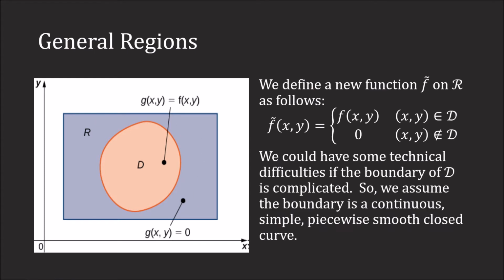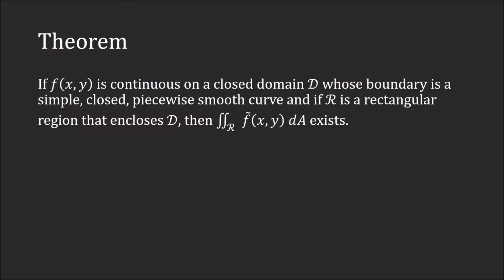Now, we could technically have some difficulties if the boundary of D is complicated. So we will assume that the boundary is continuous, simple, piecewise smooth, closed. If f of xy is continuous on a closed domain D whose boundary is a simple, closed, piecewise smooth curve, and if R is a rectangular region that encloses D, then the double integral over R of f tilde of xy exists.